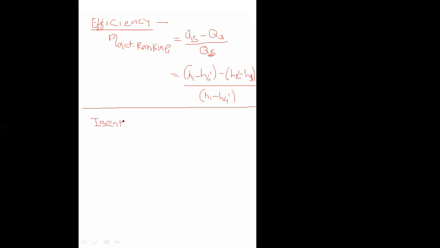Isentropic efficiency of pump. In bracket write eta isen, or eta pump. Efficiency of pump is given by.